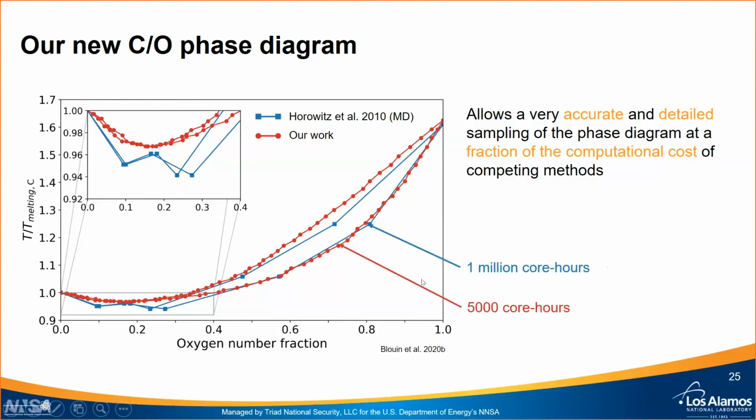And it's actually worse than that because our phase diagrams has a resolution 10 times superior to that of the MD approach. So really, it's many hundreds of times more efficient than this two-phase molecular dynamics approach.